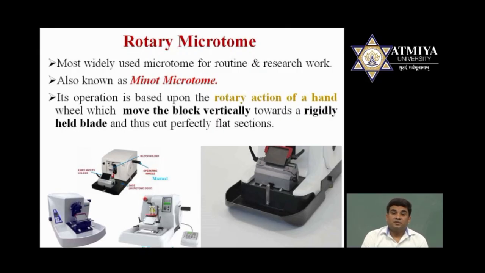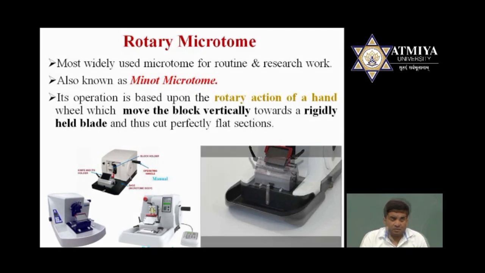In the fully automated type, both wheels are computer controlled. You just set all the parameters and it automatically cuts the sections. But in most labs, they use the manual rotary microtome.